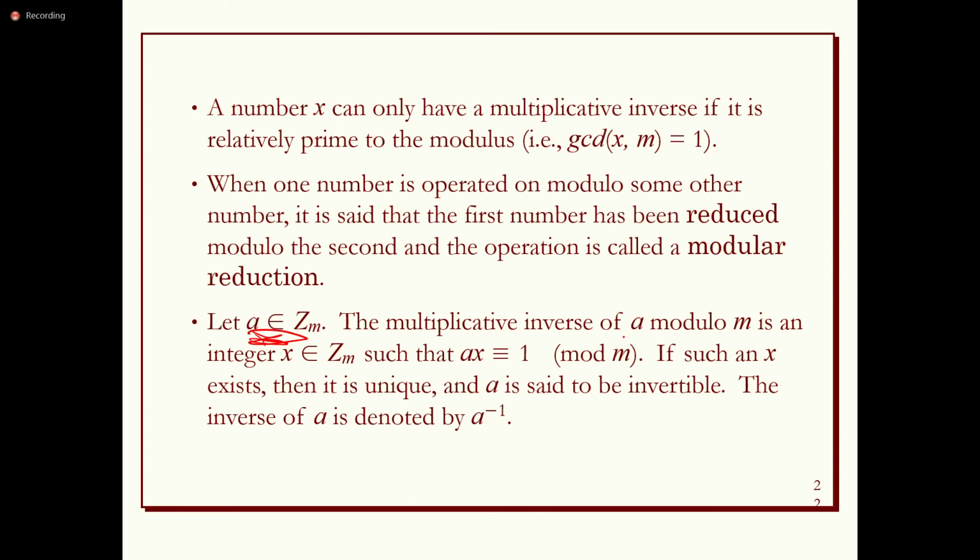The multiplicative inverse of A mod M is an integer X, which also belongs to Zm, such that Ax is congruent to 1 mod M. This is the procedure.